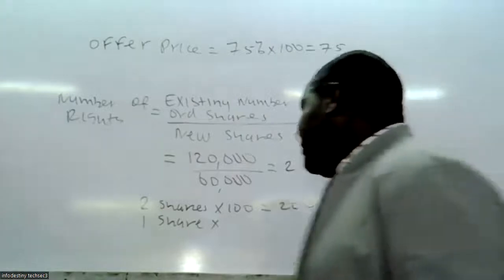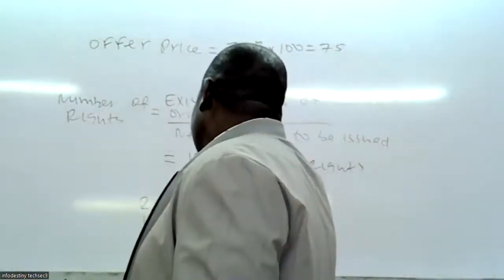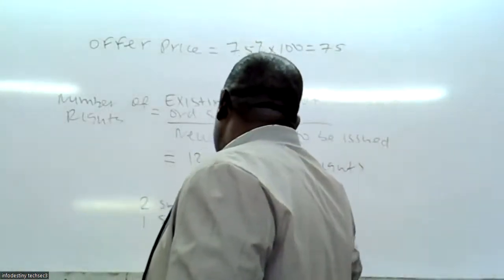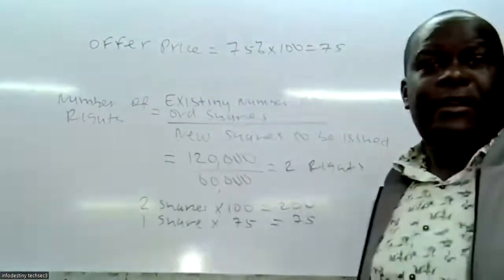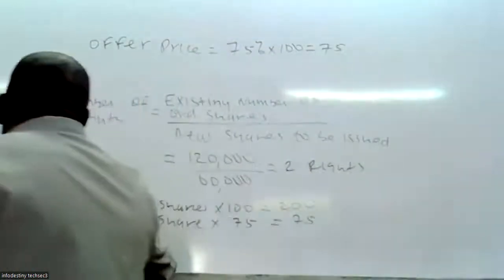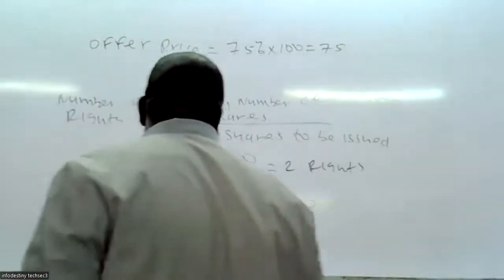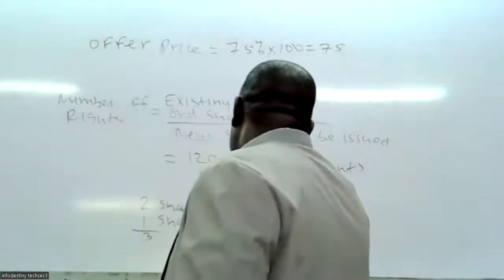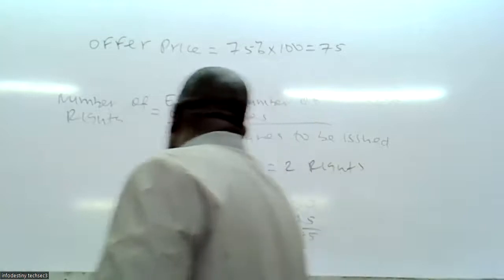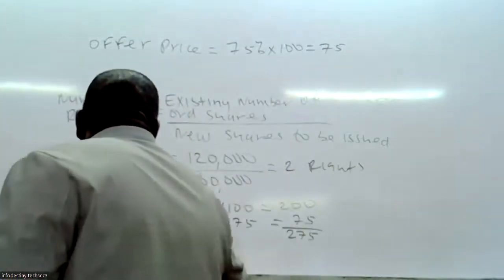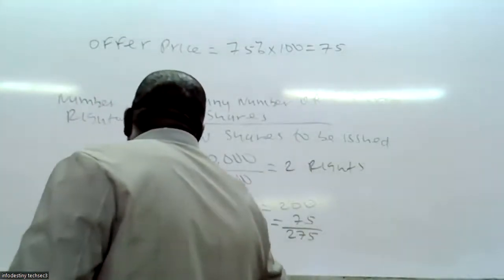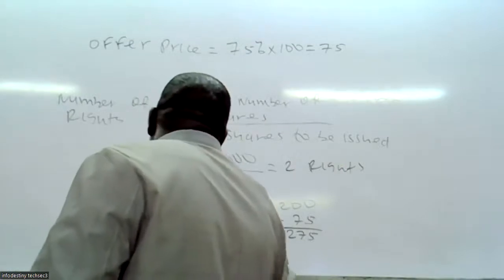That offer price was what? 75. So this will also be 75. When I add, this gives me 3 shares and a value of 275. So our theoretical ex-rights price is simply 275 divided by 3.